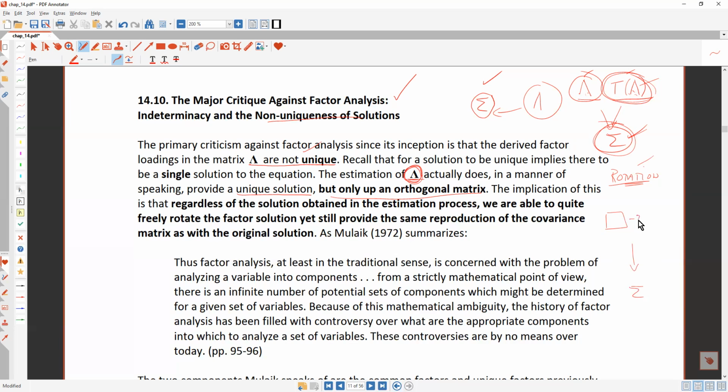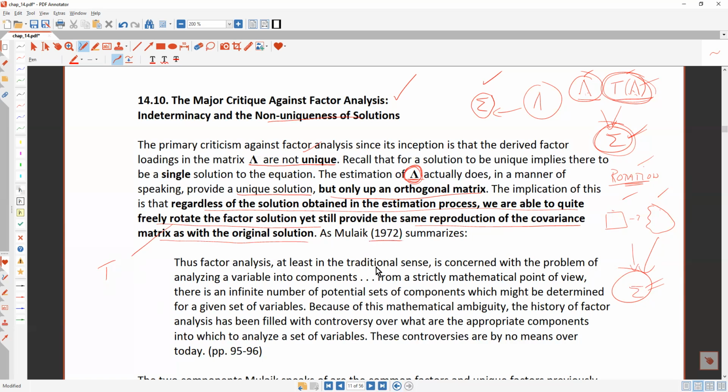Well, if I told you that I could transform this into this, and it still just as well reproduces this, it's not that it reproduces it more poorly, it reproduces it just as well. Then the question is, which shape you're going to go with, this one or this one? And that's going to be the problem. So regardless of the solution obtained in the estimation process, we are able to quite freely rotate the factor solution, rotate, transformation, yet still provide the same reproduction of the covariance matrix as with the original solution.